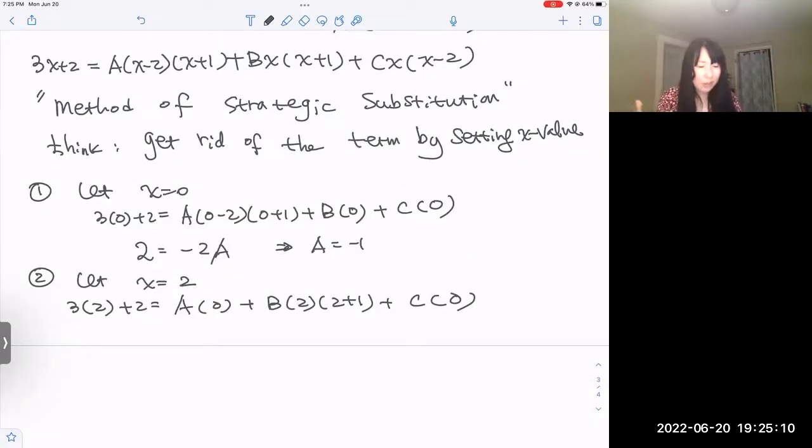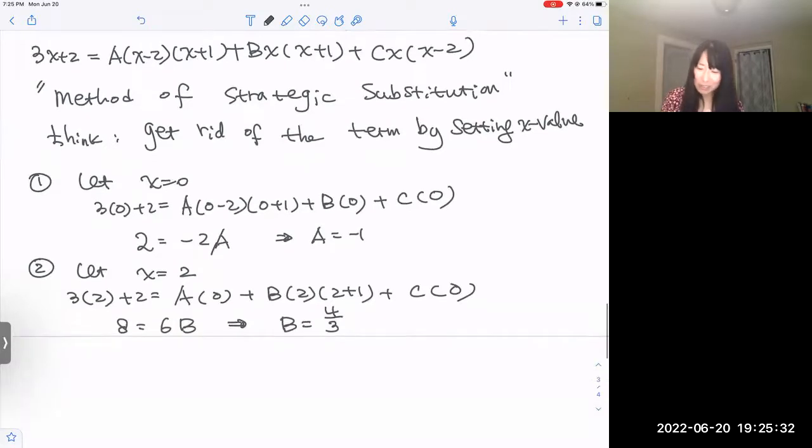Can you please calculate the left side? It's 8. 8 equals 6B. So B equals 4 over 3, right?